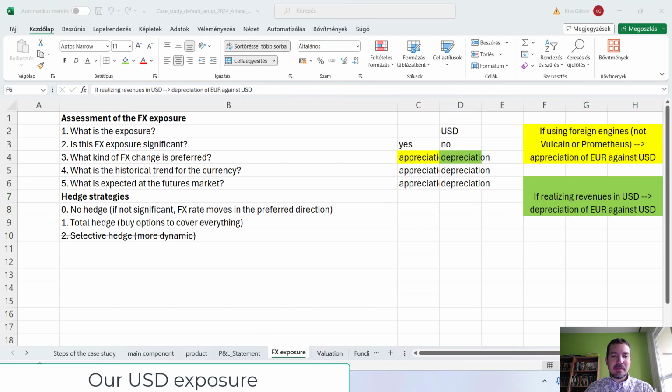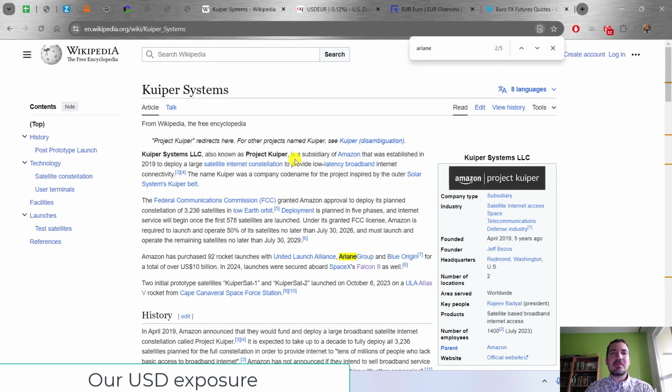Obviously, I need revenues. And luckily, we have revenues because this is the Kuiper system, which is supposed to be Jeff Bezos' answer to Elon Musk's Starlink internet satellite service, because Amazon, who developed the cloud services and lives happily from this industry, realized that they should move themselves up to the clouds.